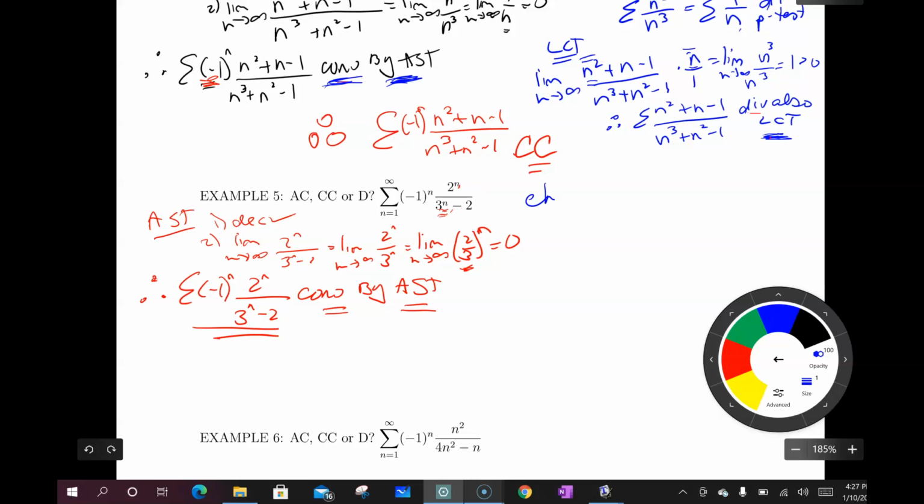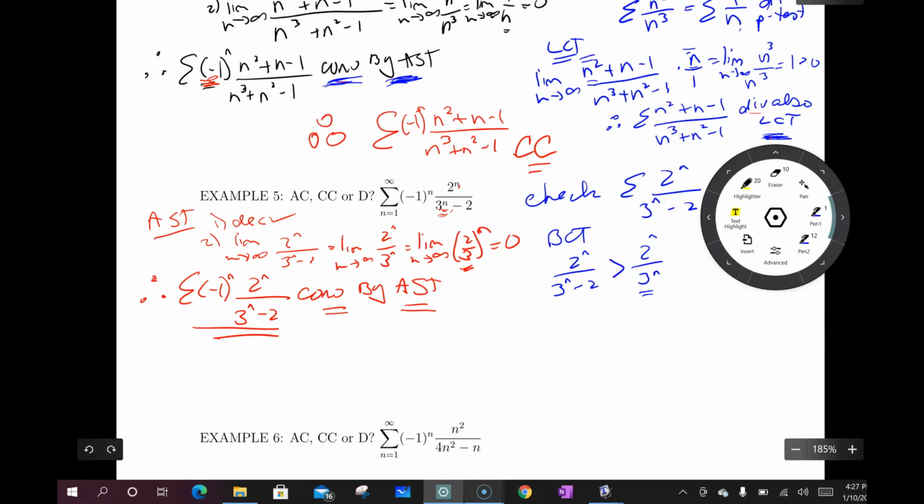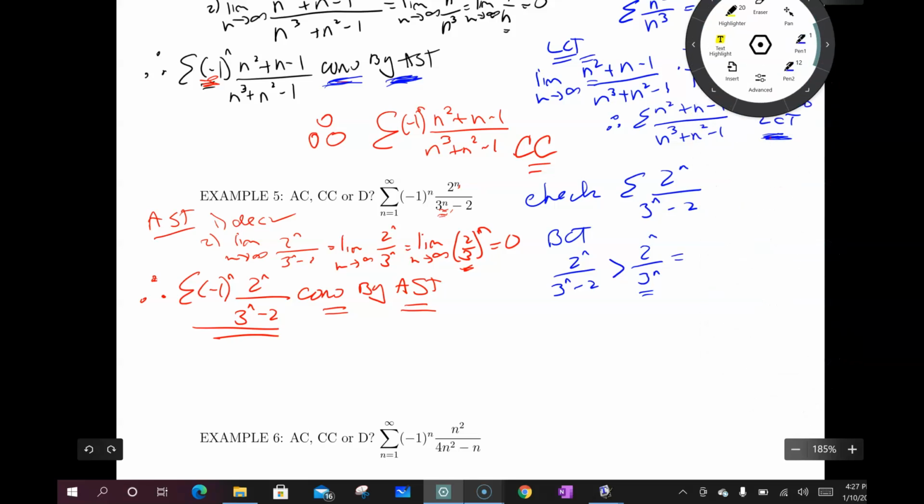So it's necessary to write this and to say the test name. Okay, so now I'm going to go check to see what the positive part does. All right, I'm thinking it's looking like a basic comparison test because it seems like it'd be easy to pull off one number. So this has more on the denominator, so this is smaller. So this would give me 2/3 to the n.